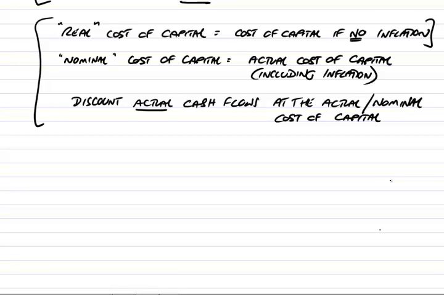The question now is, what is the actual cost of capital? Well, it's actually the Fisher effect: 1 plus the nominal rate is equal to 1 plus the real rate times 1 plus the inflation rate.